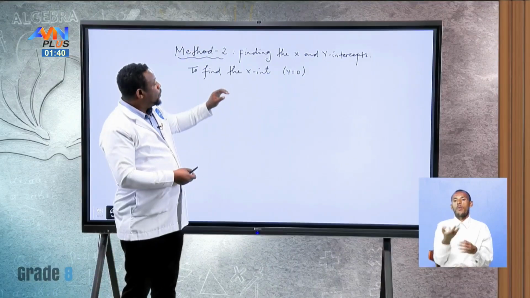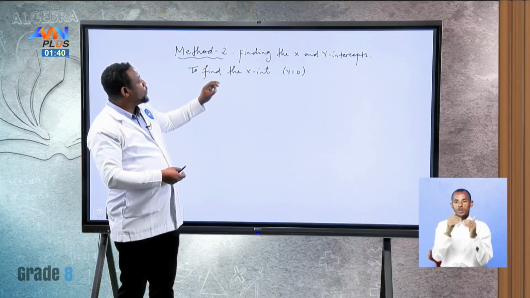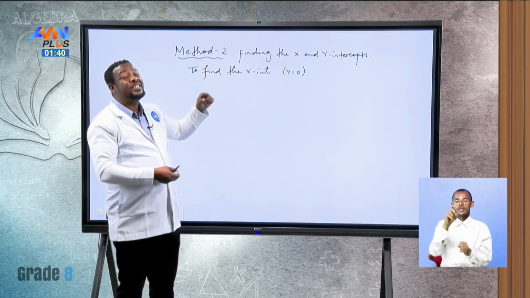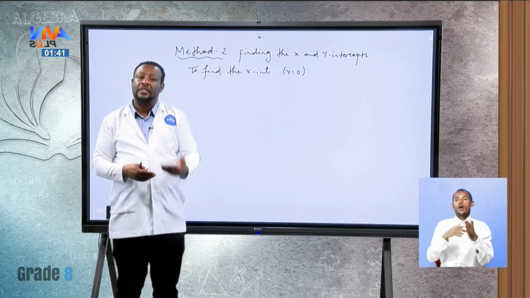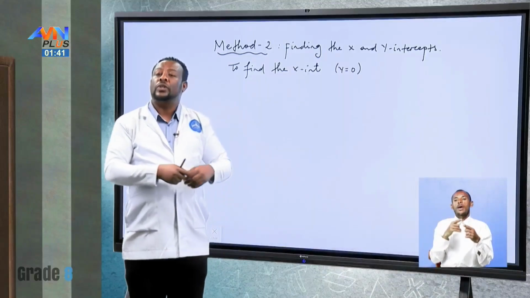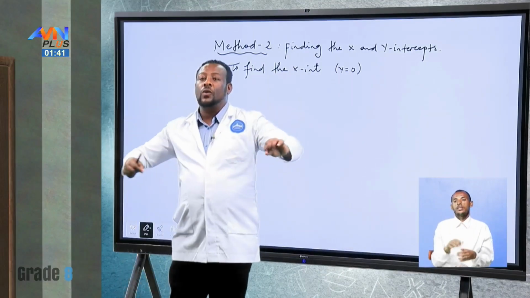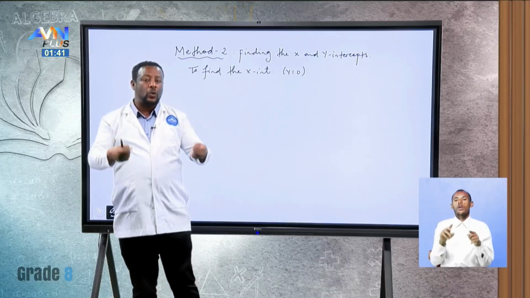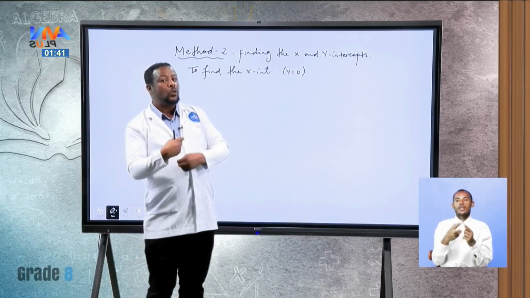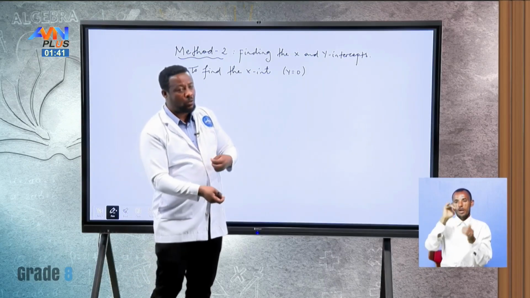Well, we use y equals 0 to find the x-intercept because the x-intercept means a point where the graph crosses the x-axis. So at every point on the x-axis, the value of y is 0. So always, whenever we calculate the x-intercept, we substitute y equals 0.